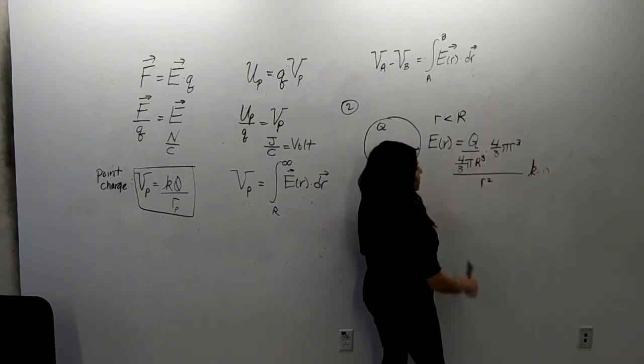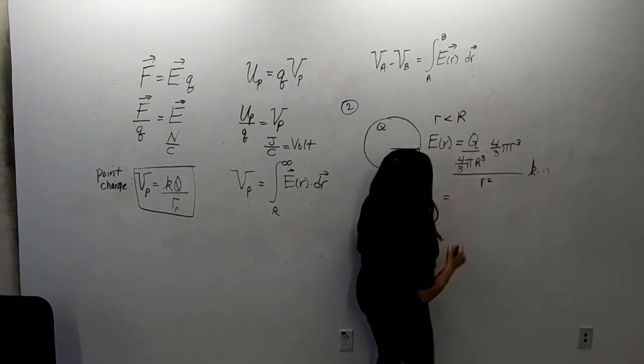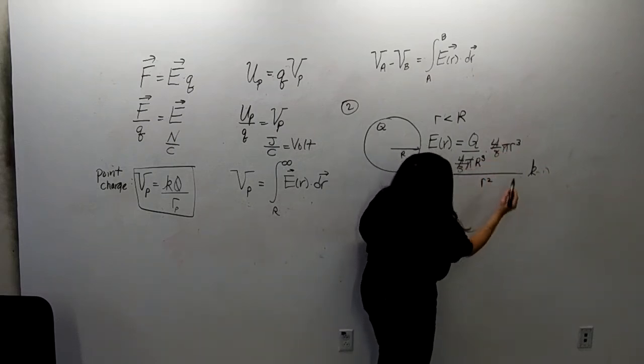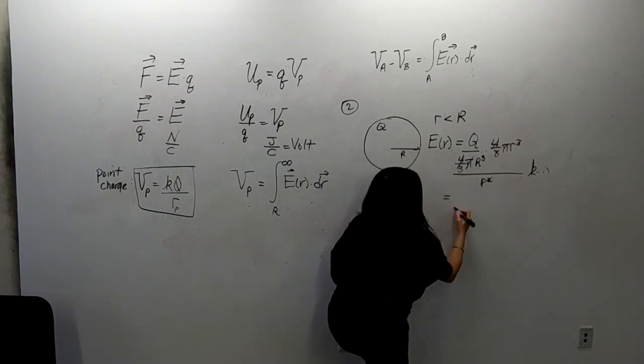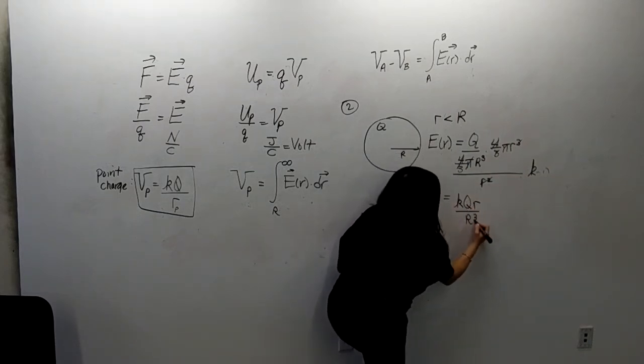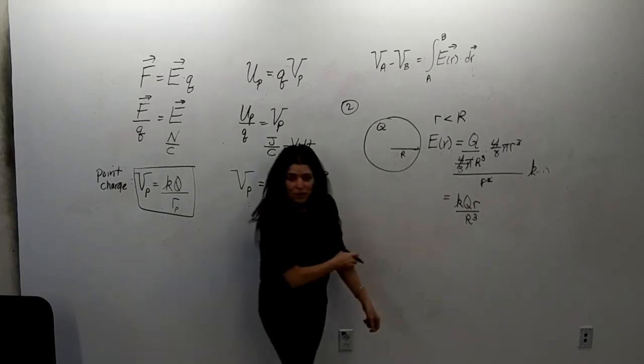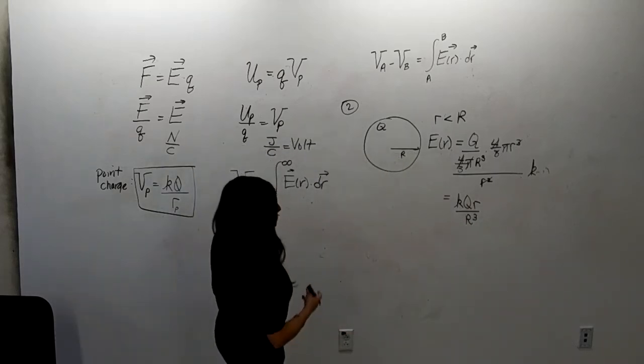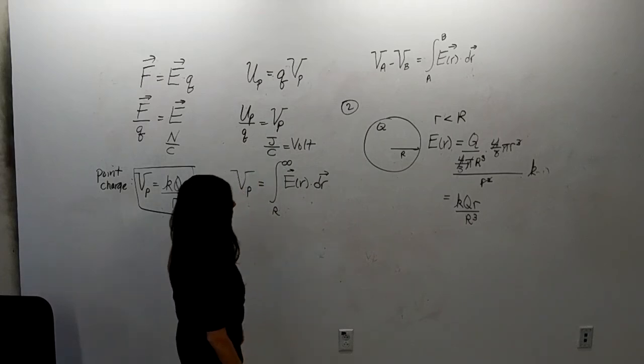So k Q enclosed over r squared. When you do that out, you get k Q r over R cubed as the electric field as a function of r inside a sphere. Just a little review, plus I never remember it for some reason, I just have to redo it.